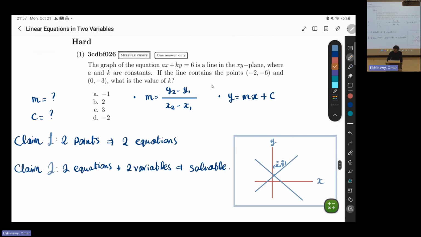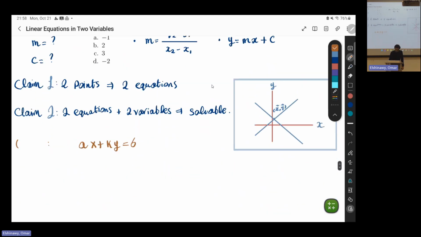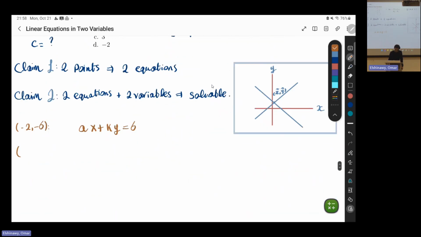So I have 8x plus ky equals 6. On the side, I have the first point, which is -2 and -6. The second point is 0 and -3.